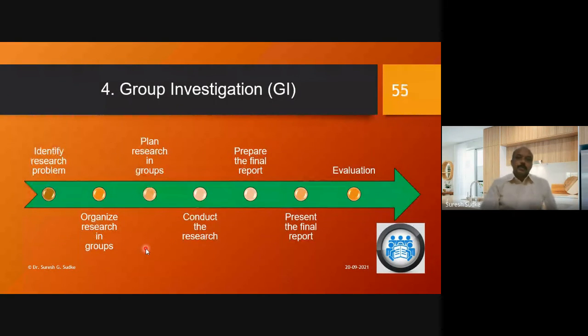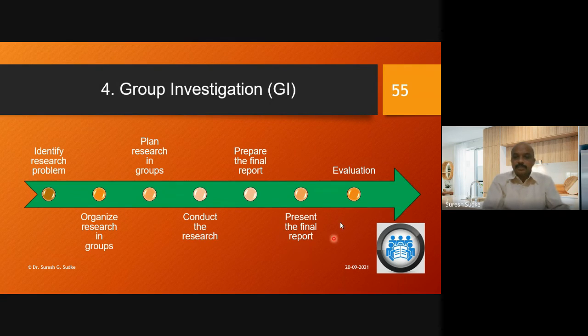Then, in short, I will summarize this group investigation. Firstly, the teacher provides the topic to the students. The students are grouped into teams. They identify the research problem, organize the research in a group, and plan the research. They conduct the research and prepare the report.